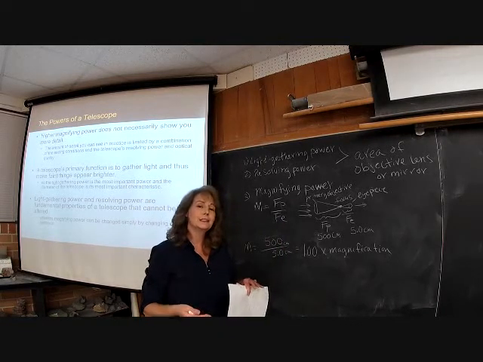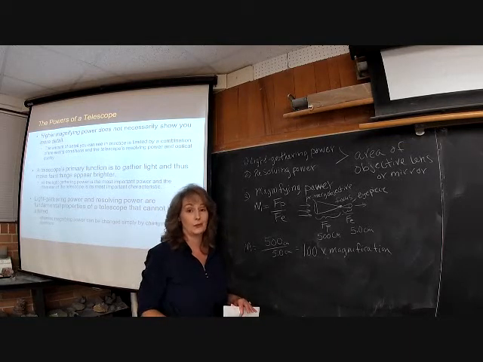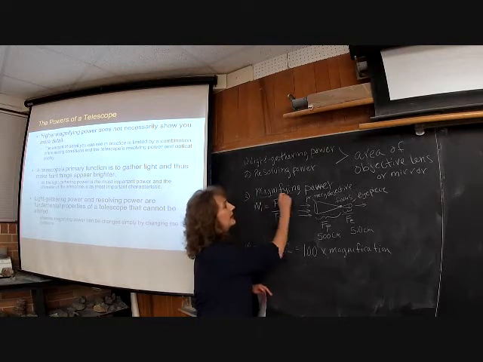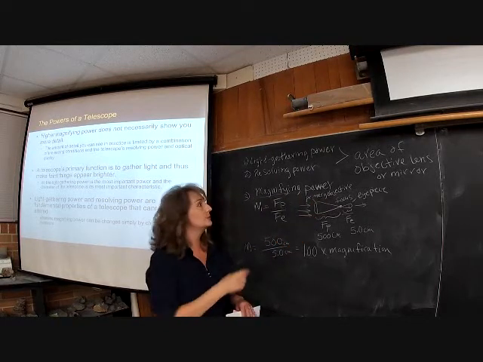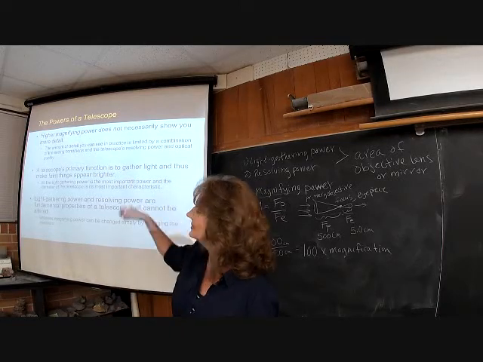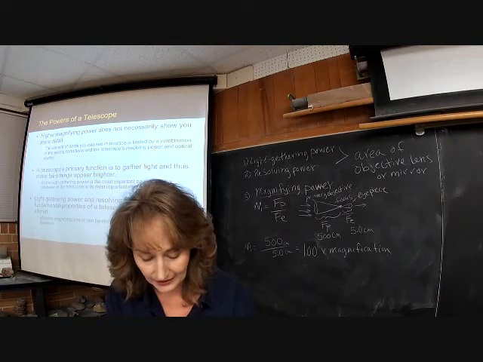So that's not an inherent property of your telescope, right? It's something you can just switch in and out. That's the magnifying power. So these were the 3 powers of a telescope, as it mentions up there. The magnifying power.